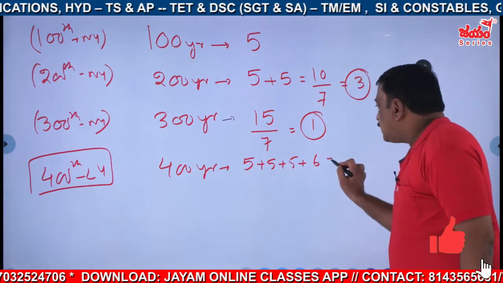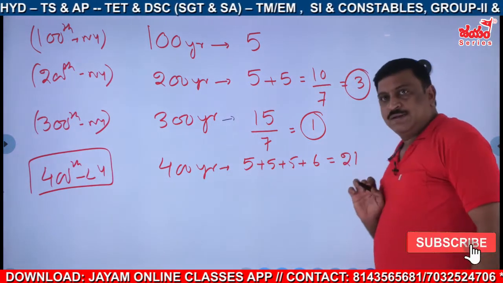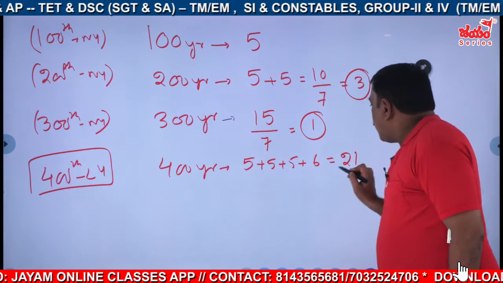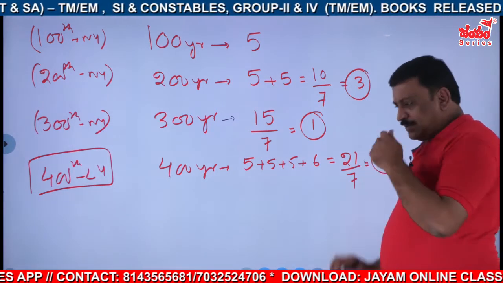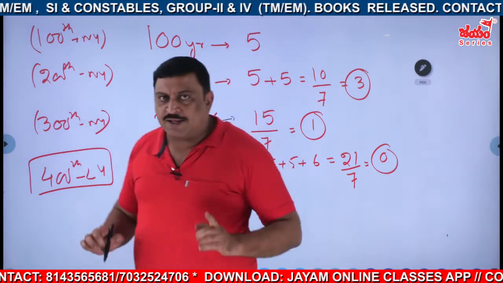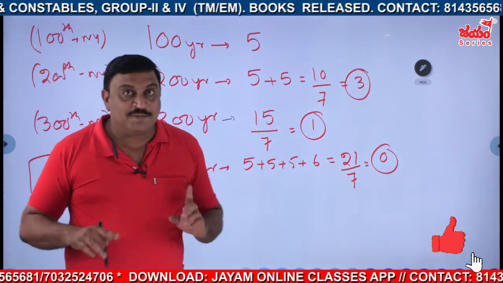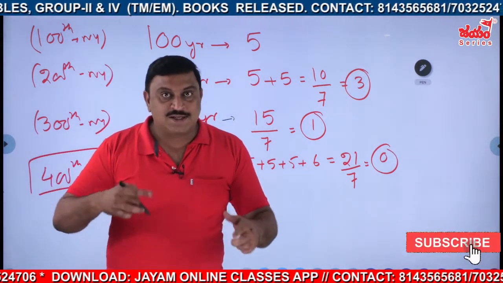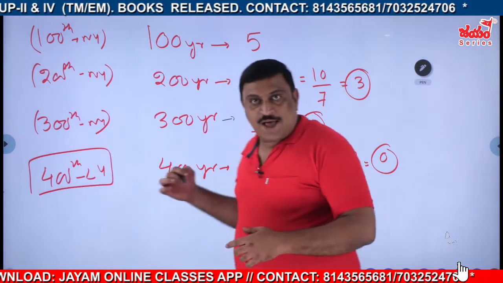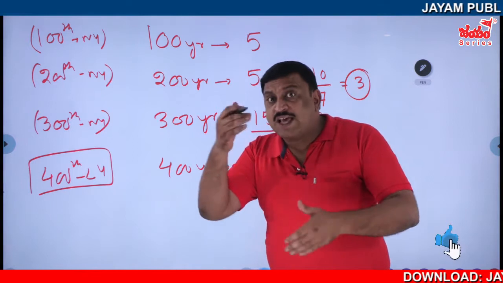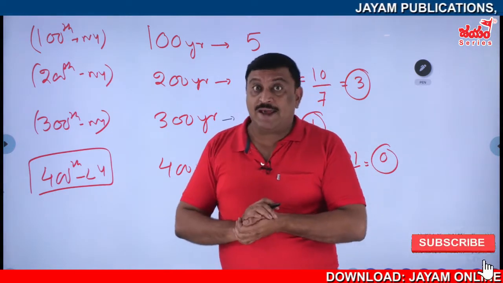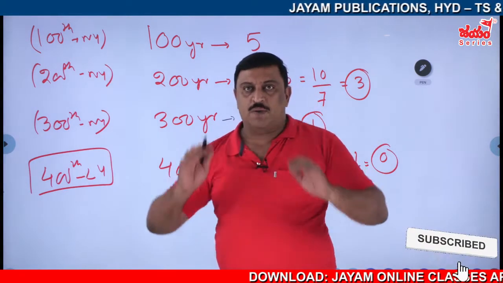So it comes to 21 odd days. 21 divided by 7, how much is that? 0 odd days. Once 0 has come, the same concept starts again, the cyclical process goes. There we stop.